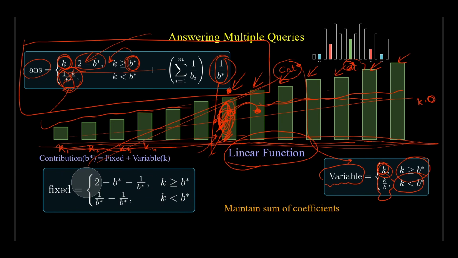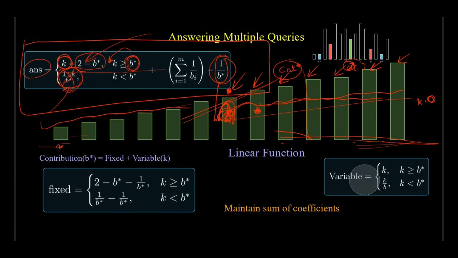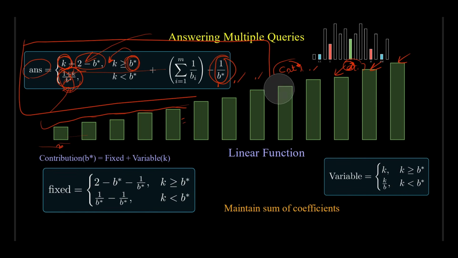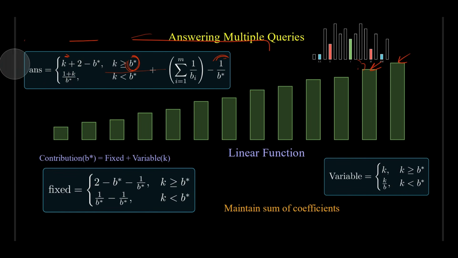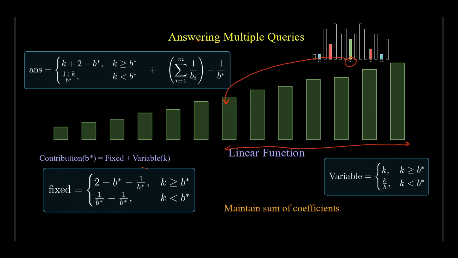Let me clear the screen in case it's getting a bit cluttered. So suppose for this element ai, this is the first element that is greater than ai. So all these elements to the right should receive this contribution into count, and all these elements to the left should receive this contribution into count. There is no debate about that.